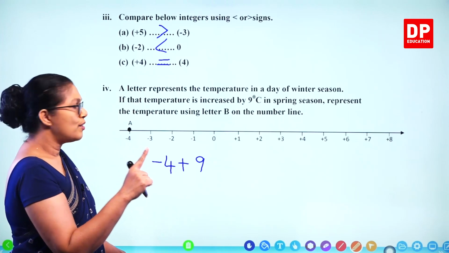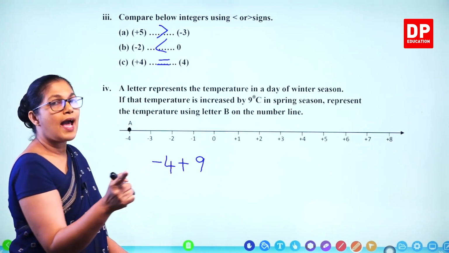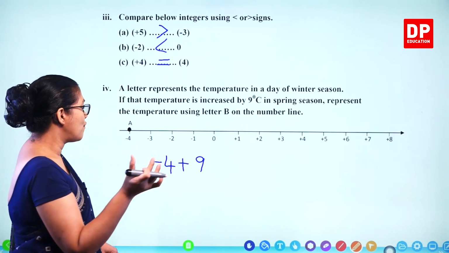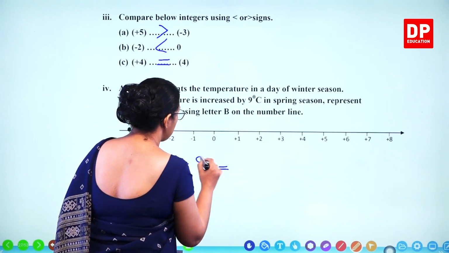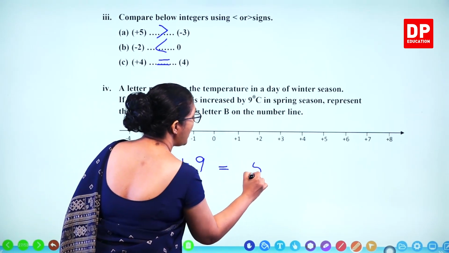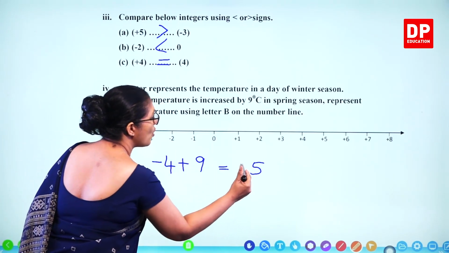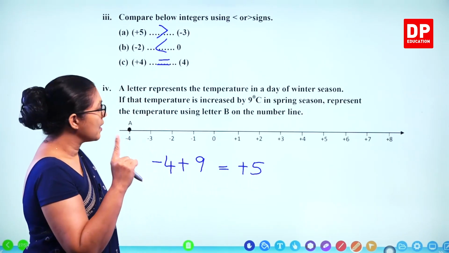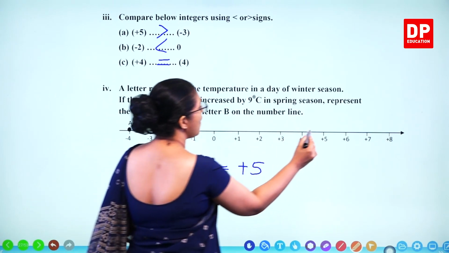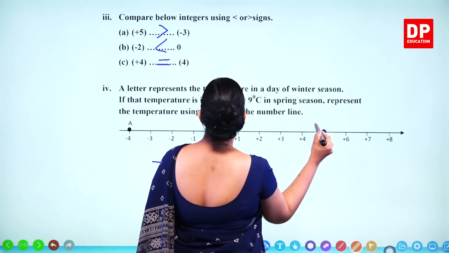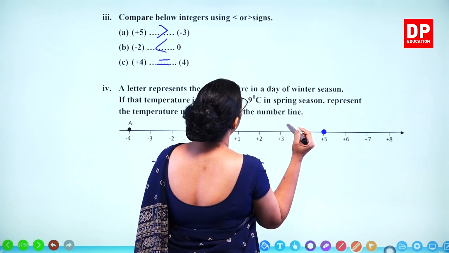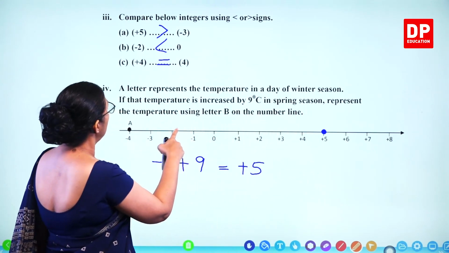So what's the value? Different signs, you take the difference. 9 and 4 difference is 5. And you take the highest number. That's positive. So positive 5. So we have to mark positive 5 and put letter B.